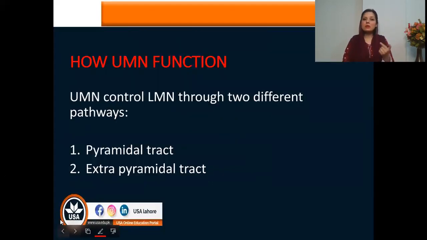Let me tell you about the tracts under the upper motor neurons and how they function.